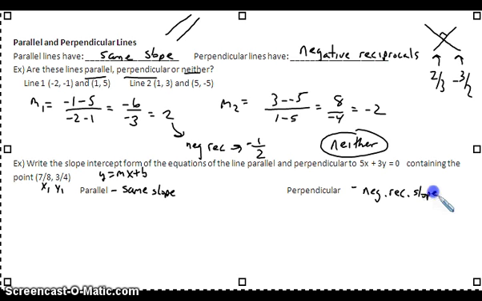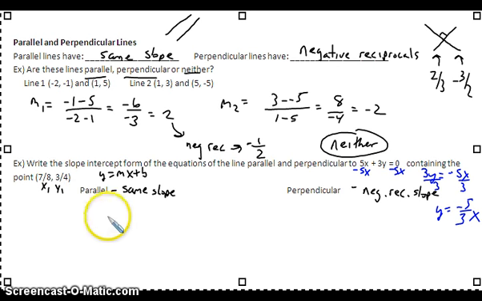So first thing I need to do is solve this equation for y to be able to find the slope. So I'm going to get rid of the x, and that's going to give me 3y equals negative 5x. And so if we keep solving for y, we'd end up dividing by 3, we'd end up getting y equals negative 5/3 x.